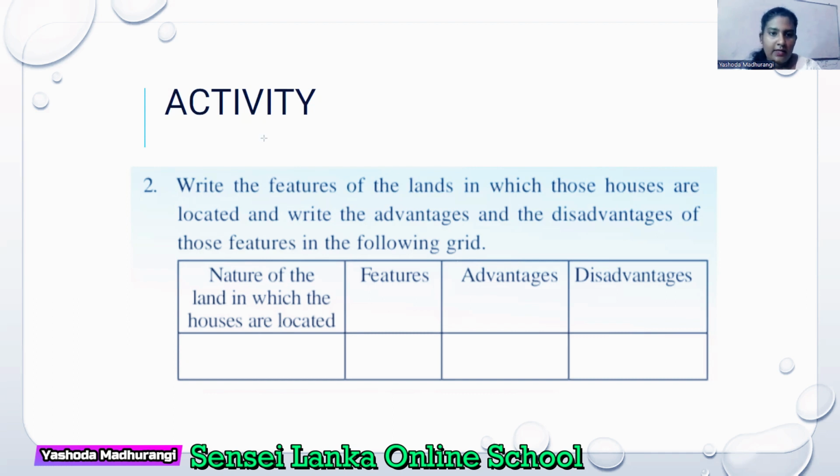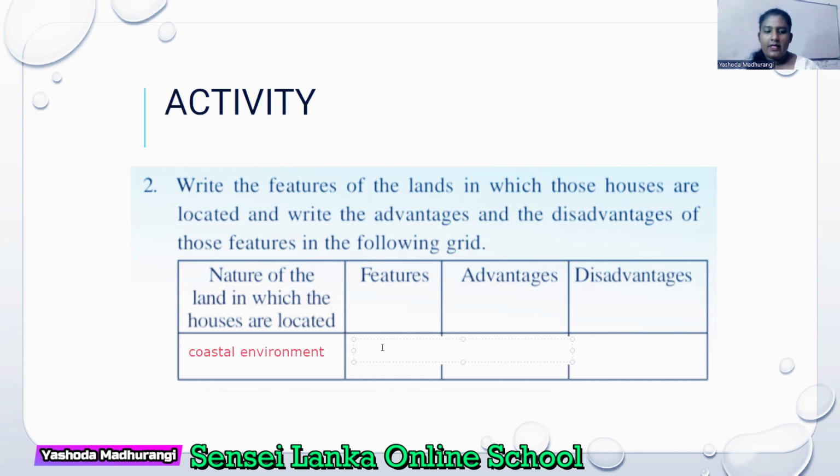So for example, I will write house located in a coastal environment. Nature of the land is coastal environment. So in the second column, how can we fill? What are the features in the coastal environment?